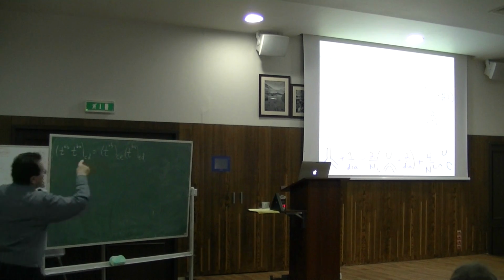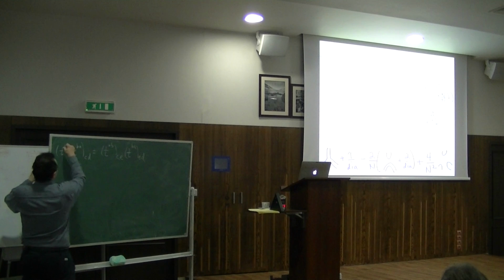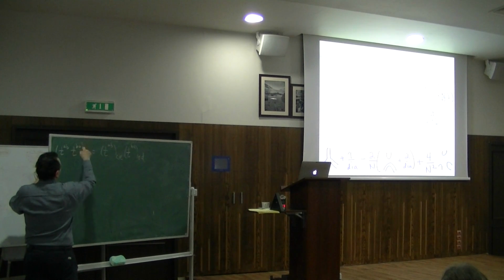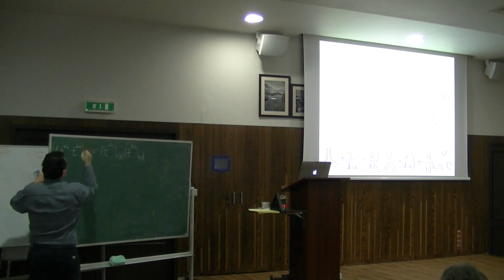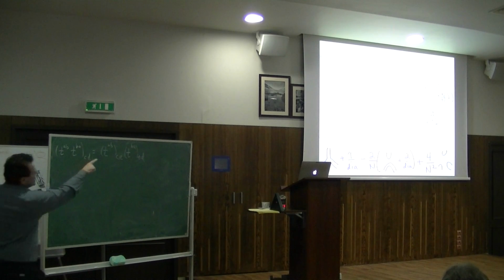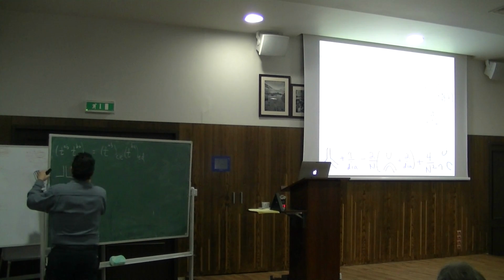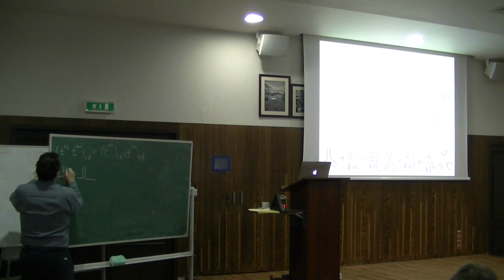And notice that the lines have arrows, because this is SU(N). This thing has an arrow coming in, this has an arrow going out. So when you contract indices, you have to draw lines in the proper way. So let me just show what the first term is like. So the first term is going to be like this. And then I have arrows.